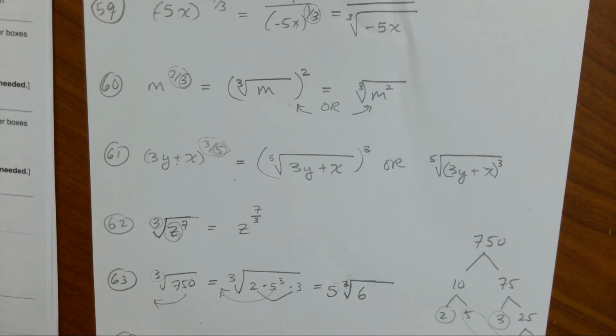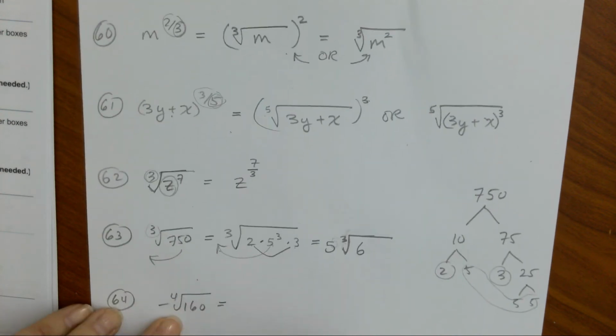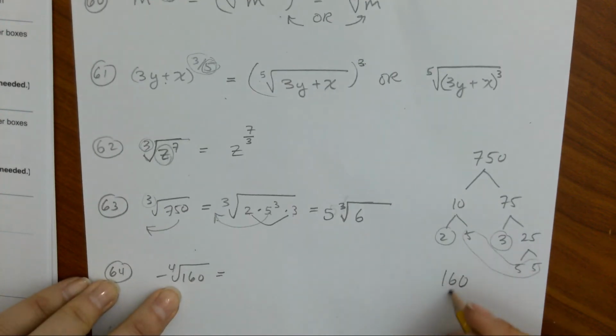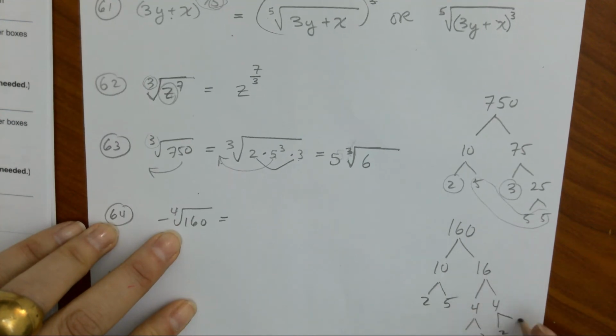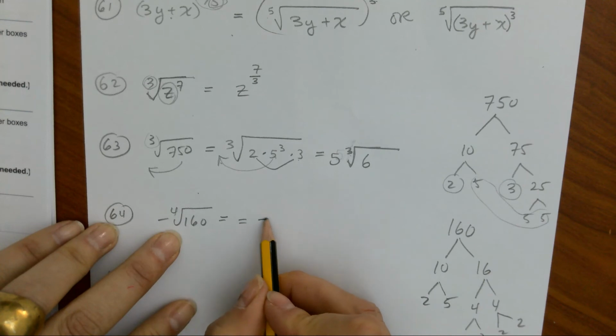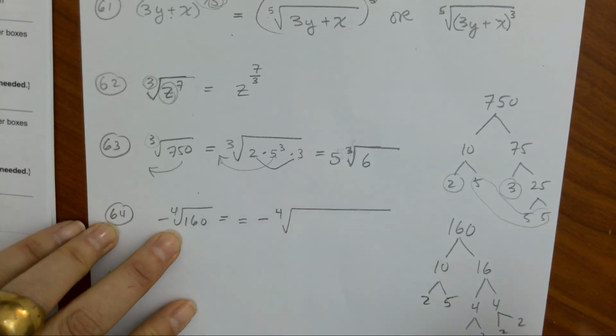It says simplify it. So I'm just going to do 160 with my tree diagram. 10 times 16. 2 times 5, and 4 times 4, 2 times 2, and 2 times 2. So how many 2's do I have?